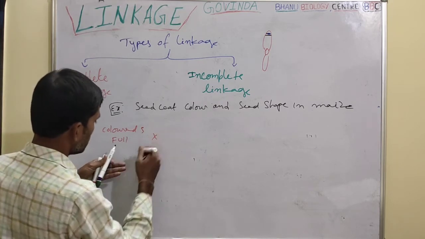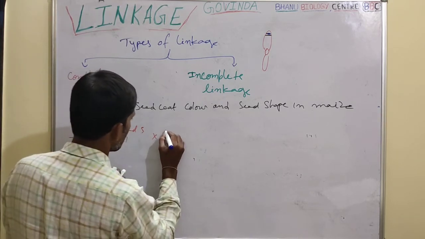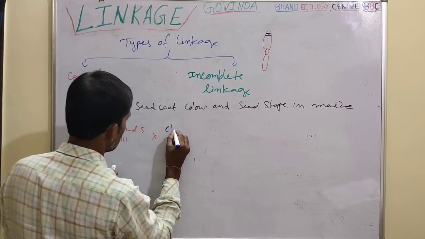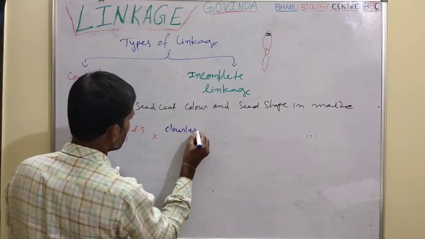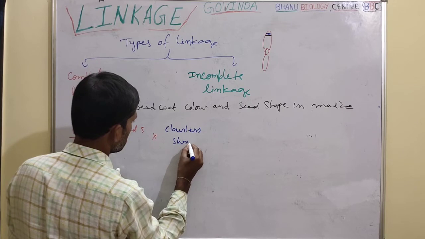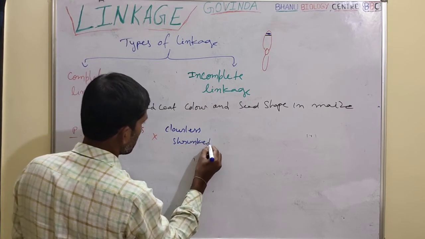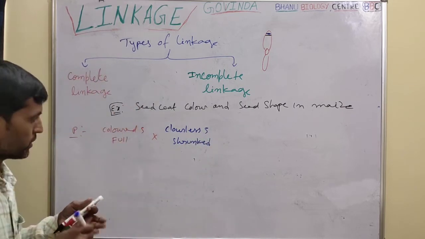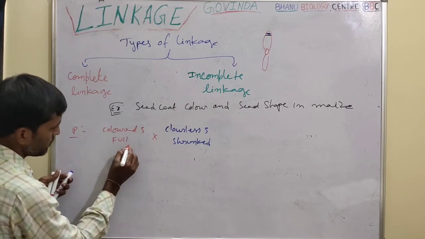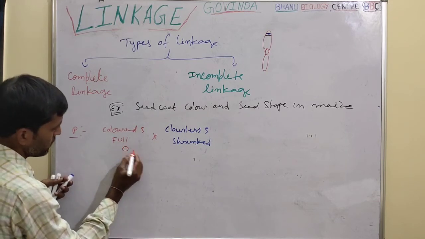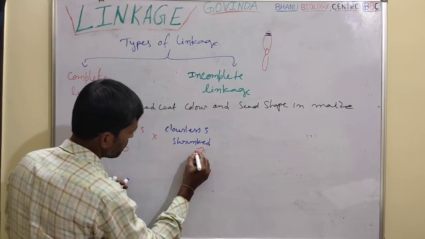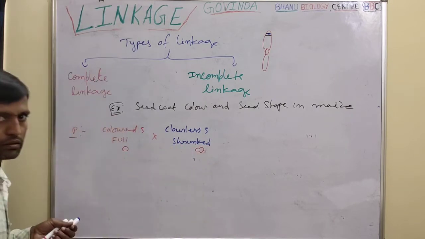Next, it is crossed with the colorless and shrunken one. Full means the seeds are like this, and shrunken means the structure of the seeds may be like this, right?